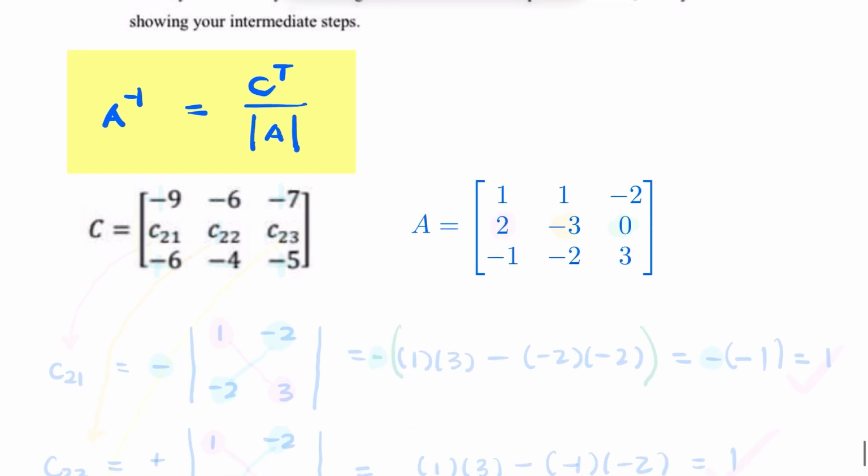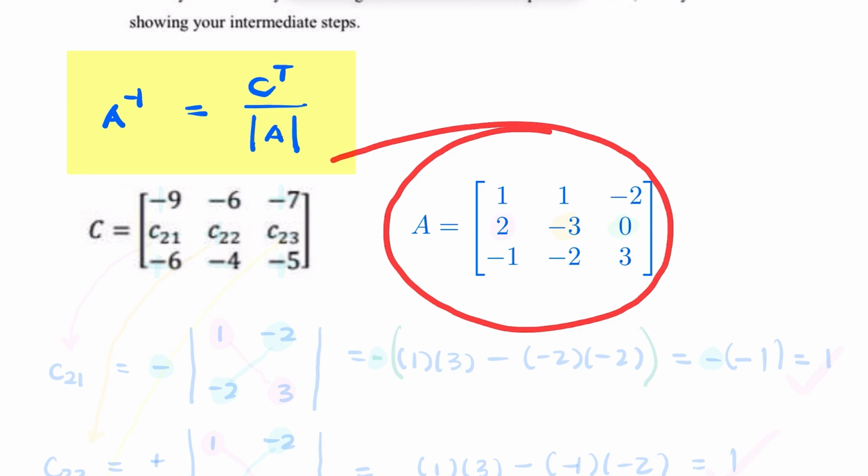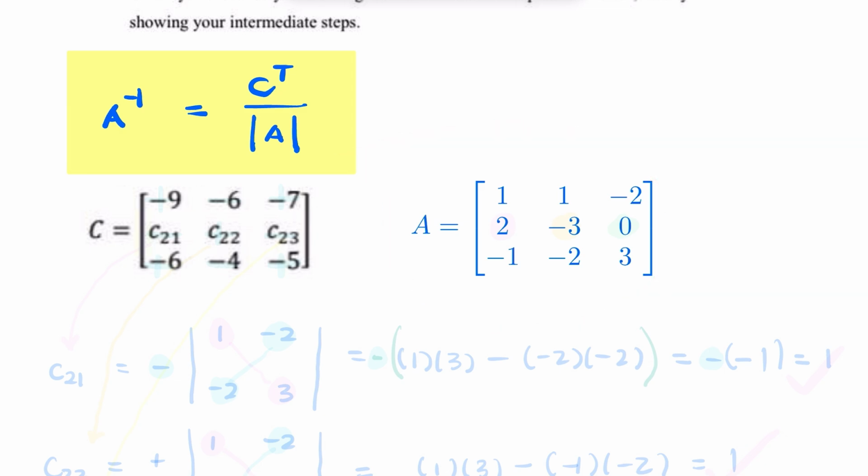So we're going to use our original matrix, A, but we'll also use a matrix of signs. So every location will have a corresponding sign. For example, this matrix is going to be positive, negative, positive, negative, positive, negative, positive, negative, positive.